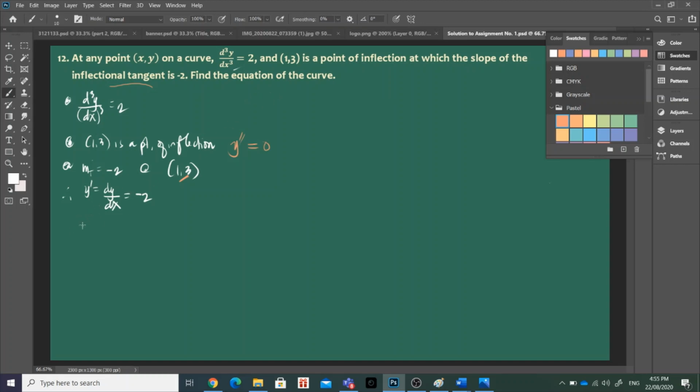Okay, solution. Okay, so start tayo ng d raised to 3 y over dx raised to 3 is equal to 2. And then we integrate.